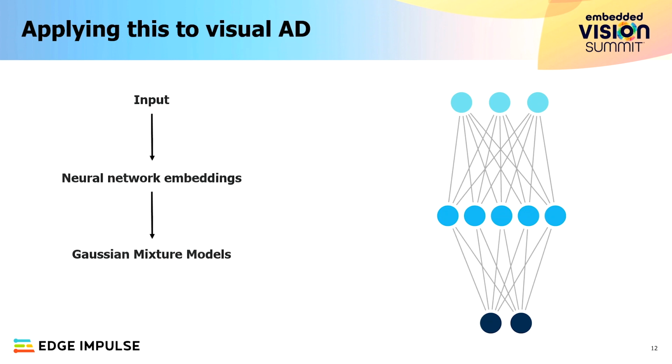So we thought, what can we do to make this not run on pixel space, but rather on something that has more information but actually fewer features? We came up with the idea to use neural network embeddings. We take a neural network, for example MobileNet, and run the image through it. Just before the softmax, that's the moment we cut off the network and look at what the embeddings of the neural network are.